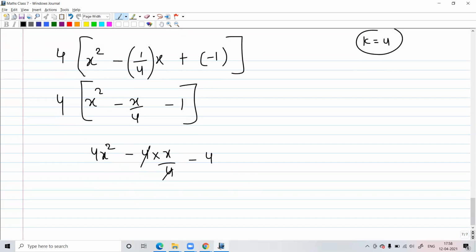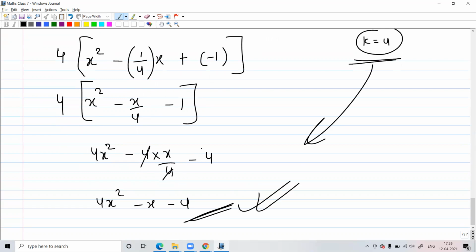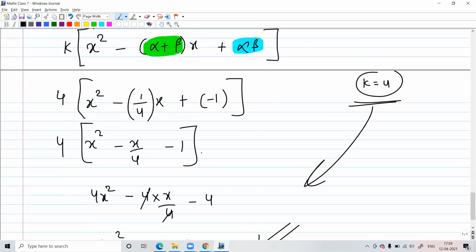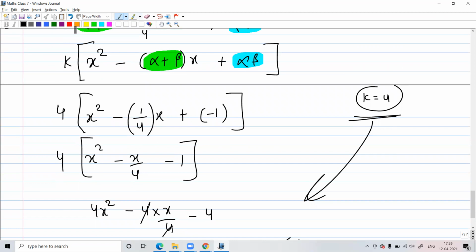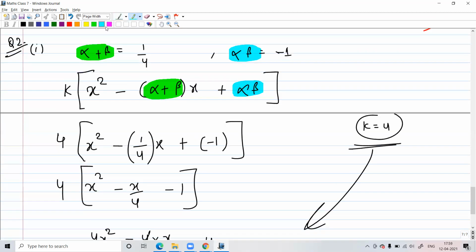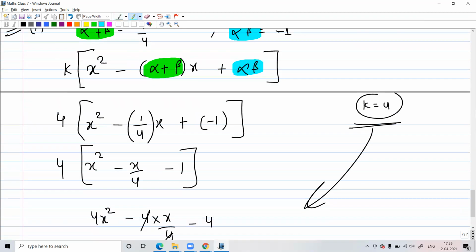So ultimately it will become 4x squared minus x minus 4. The fraction will be removed if you put k equal to 4. Someone may write it like this also, and it is still correct. But if you choose k equal to 1, don't write anything. Just leave the answer as x squared minus x by 4 minus 1. This itself is okay.